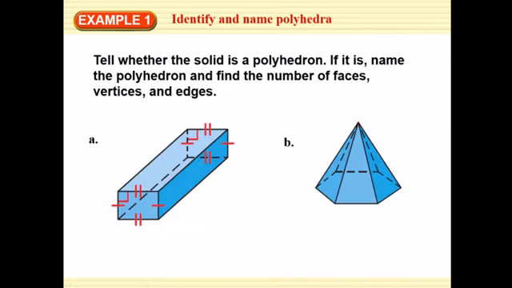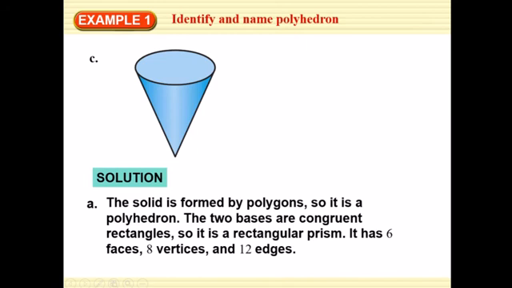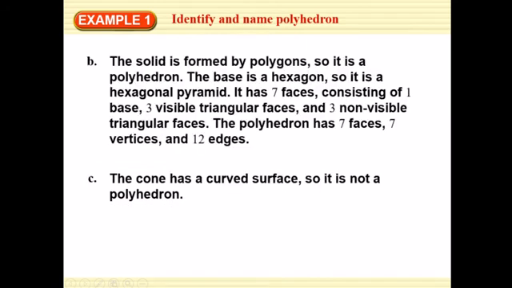They are rectangles, so it doesn't matter whether I'm talking about this one or this one to be my base, or the left or the right face, or the top or the bottom. Regardless, they are rectangles, so it's going to be a rectangular prism. And counting it all up, it has 6 faces, 8 vertices, and 12 edges.